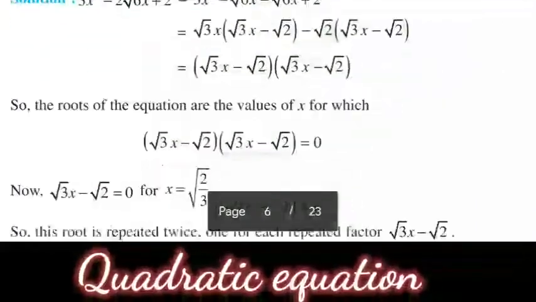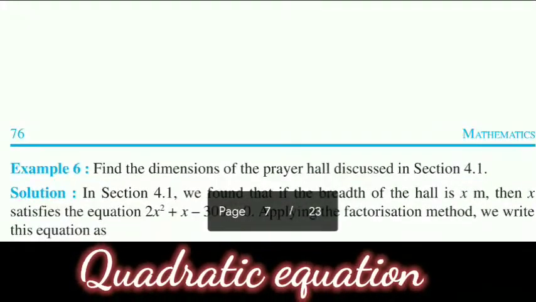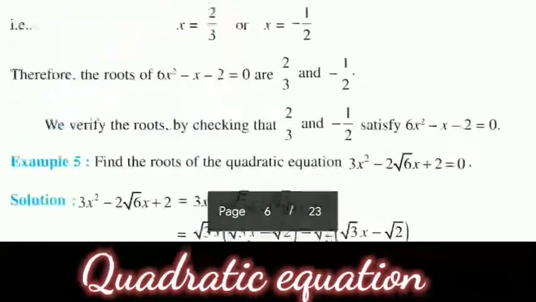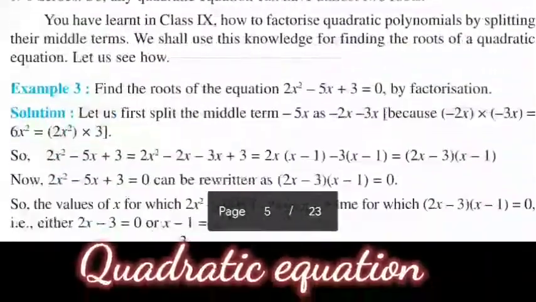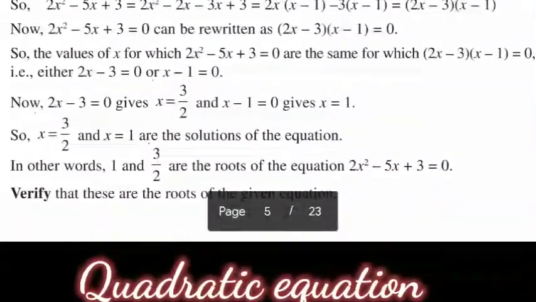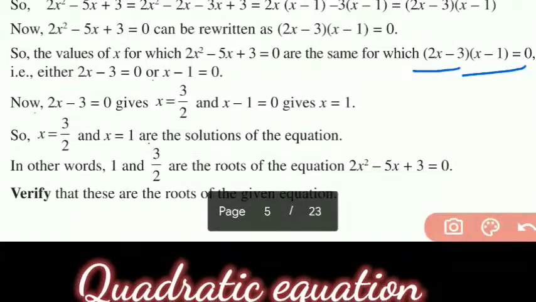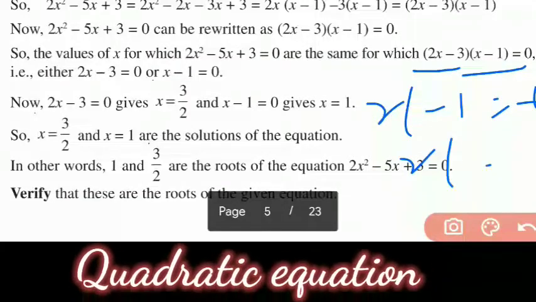Got it? Now you need to revise the exercise and do the questions. If any kind of problem is there, you can ask me. One more thing: the factor was x minus 1, so you need to write x minus 1 is equal to 0, so that x is equal to 1.